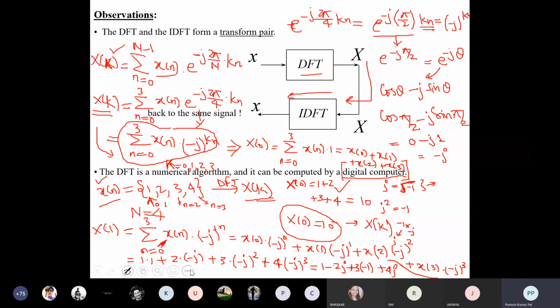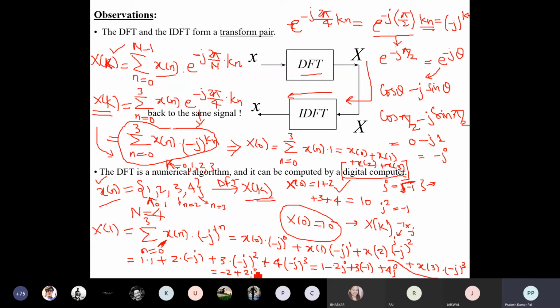So this will be minus 3 plus 1, which is equal to minus 2. And then minus 2j plus 4j will be equal to plus 2j.